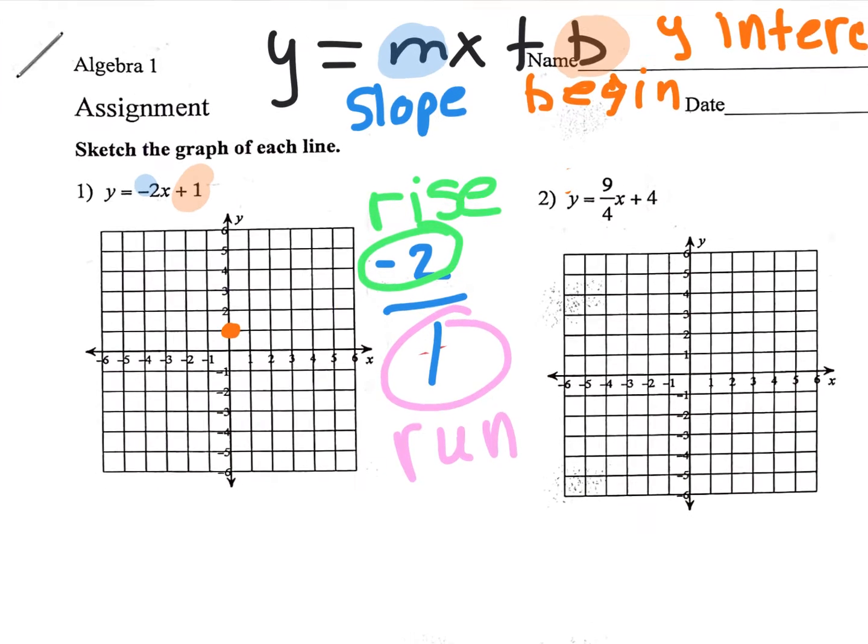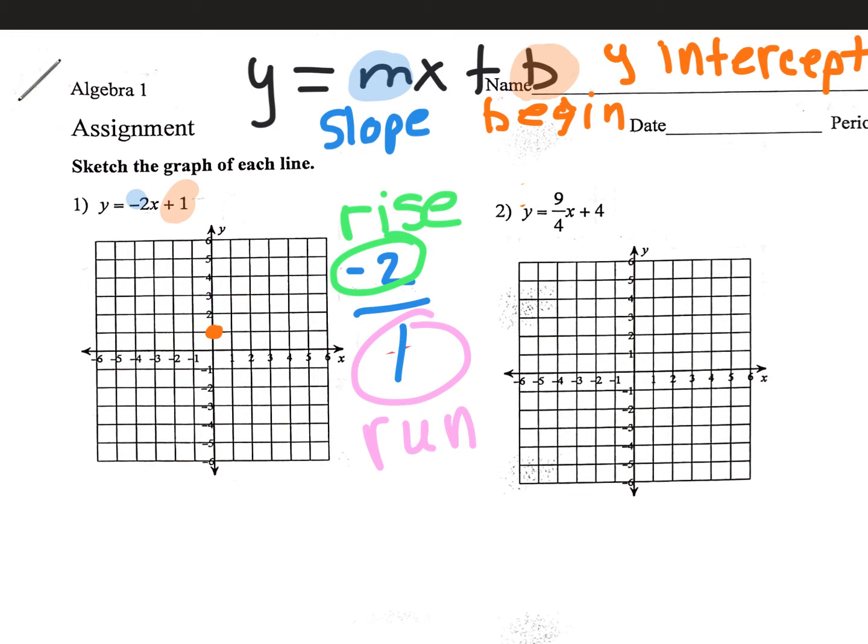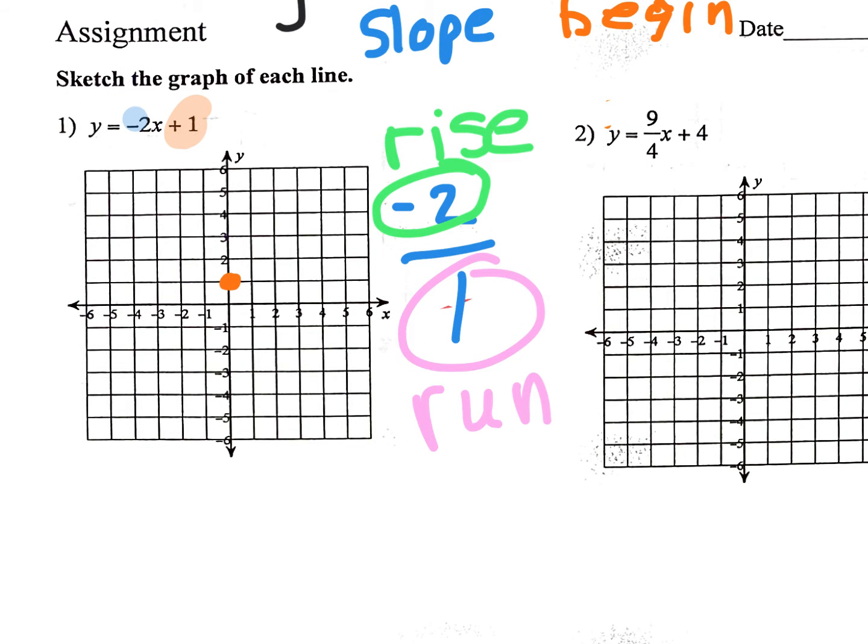So that means, from the beginning point, from that little orange dot you've got right there, you're going to put your next coordinate 2 units down because that's a -2. So we're going to go down 2 because that's negative.